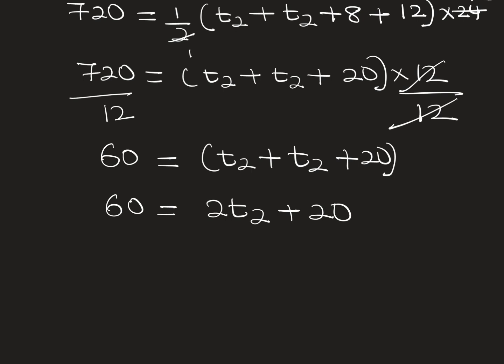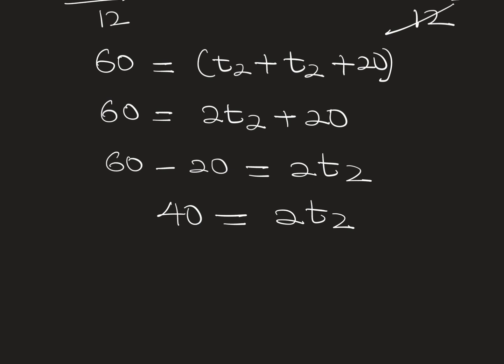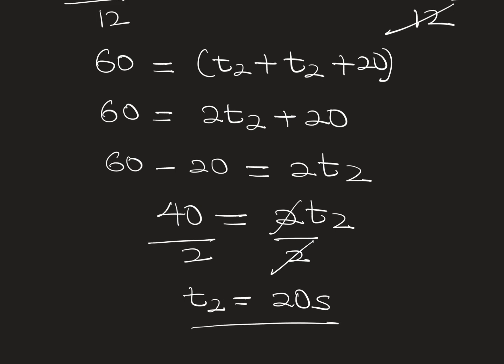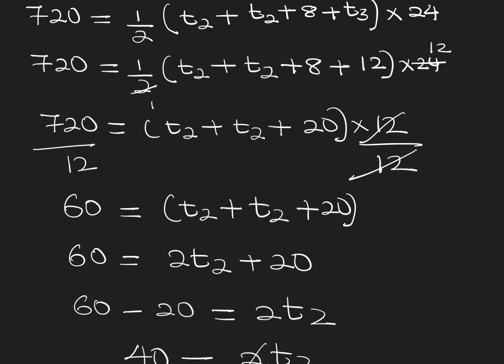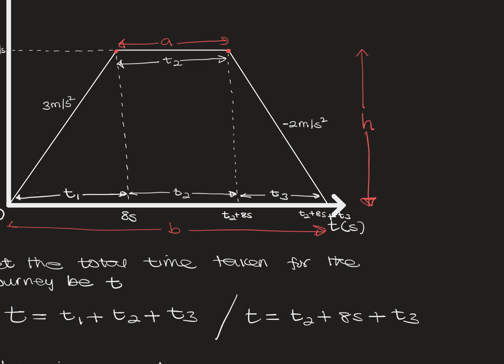Collecting like terms, I will have 60 minus 20 is equal to 2T2. That is 40 is equal to 2T2. So to find T2, I'll divide both sides by 2. In that case, T2 is equal to 20 seconds.